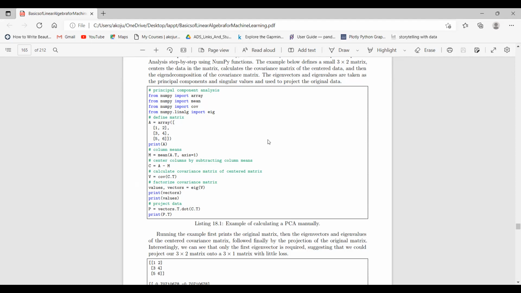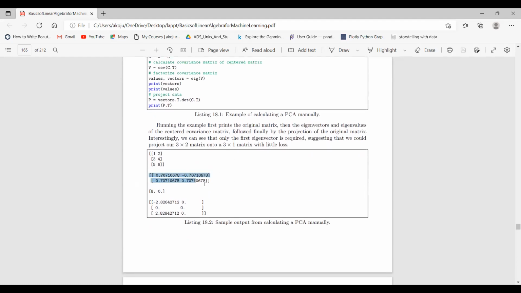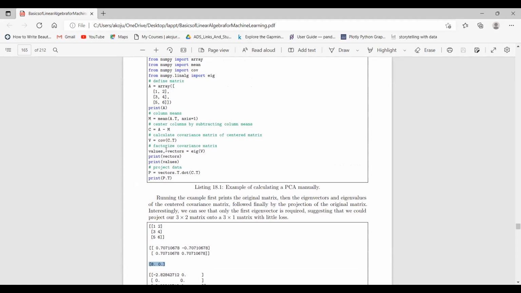Okay, go ahead, Ram. So here we get the output like this. This is the M matrix.